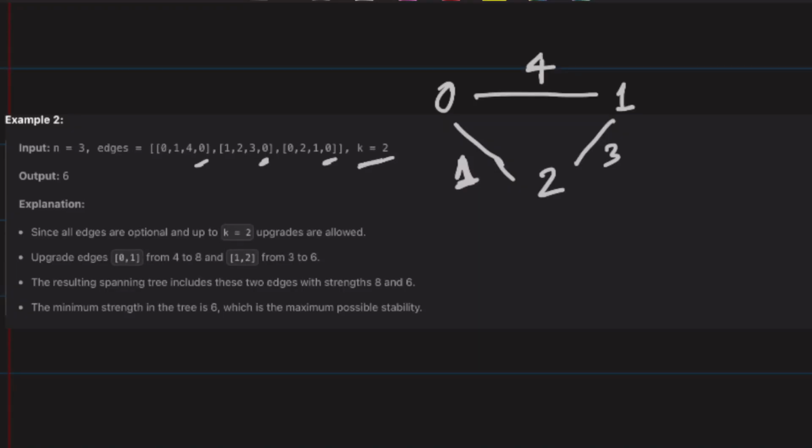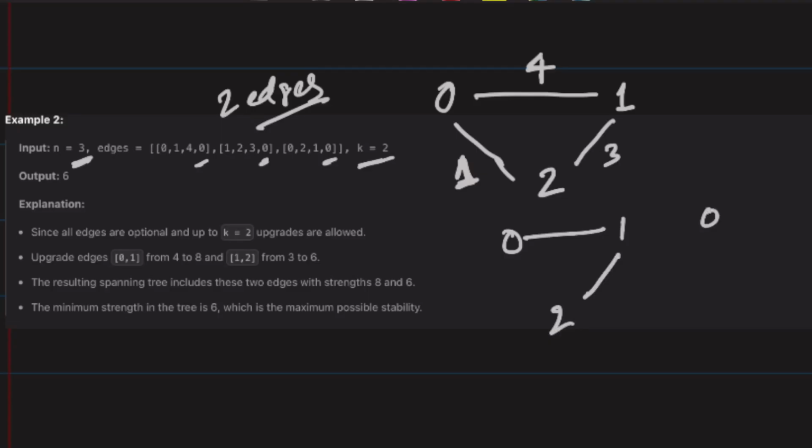As we have three nodes, we are going to have only two edges at most. So there are two possible solutions here. If we take these two edges, then we can do k upgrades, two upgrades.